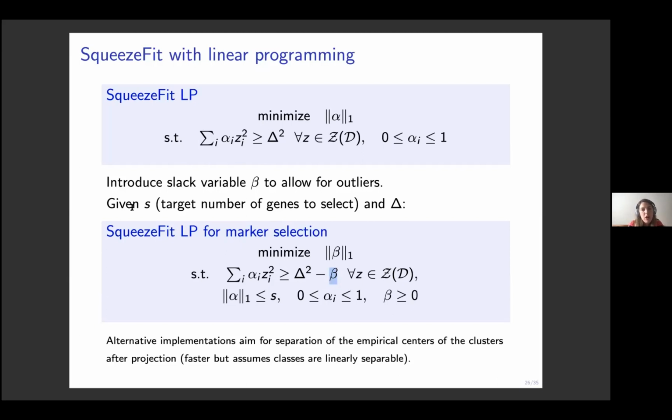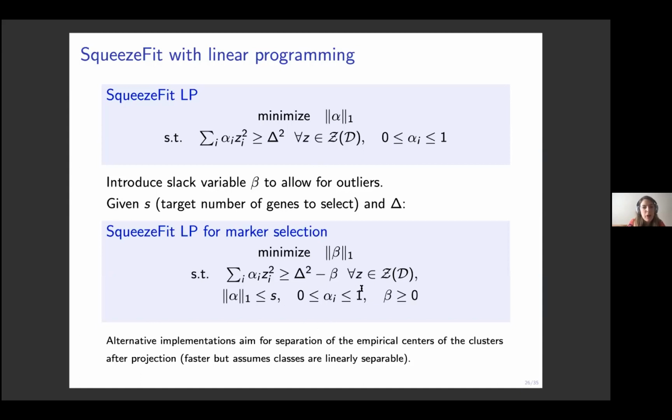And since we have a target number of genes to select, we can say that the L1 norm of this alpha vector is going to be smaller or equal to S, for S the target number of genes. So you can put that as a constraint. This is the direct formulation from SqueezeFit, just restricted to this problem where we know the basis where we want the projection to be.